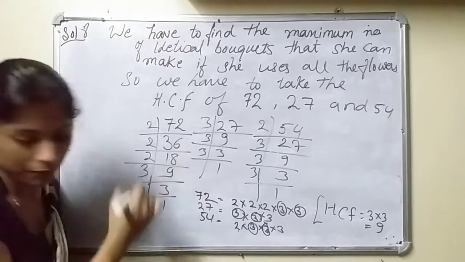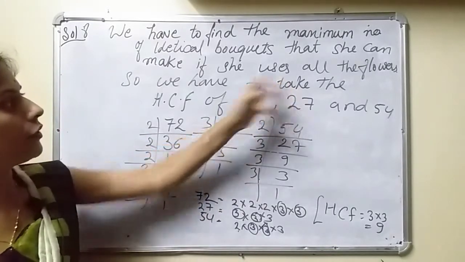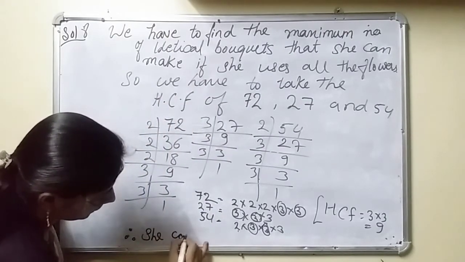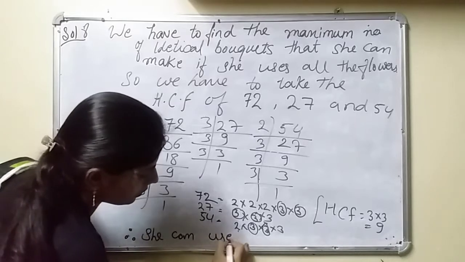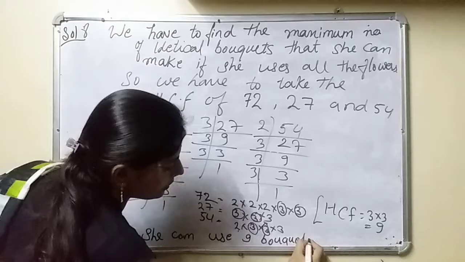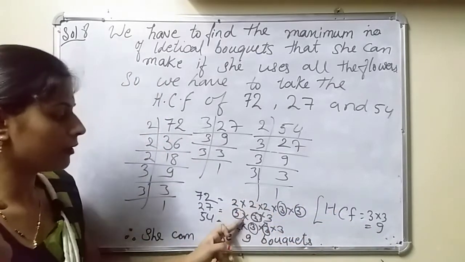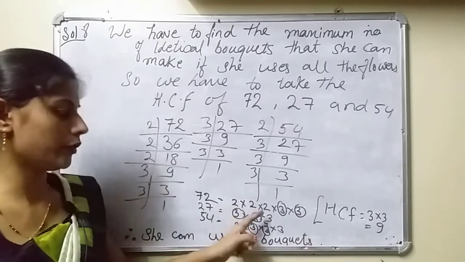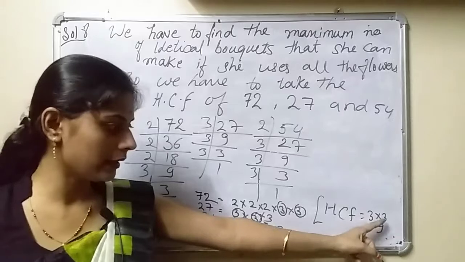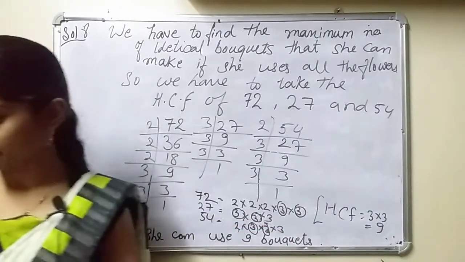Therefore she can use 9 buckets. Okay, HCF you got here 9. Here the common factors are only 3 and 3. 2 is not there, so you cannot take 2 as a common factor. So when you multiply 3 by 3, you get 9. So she can use only 9 buckets.